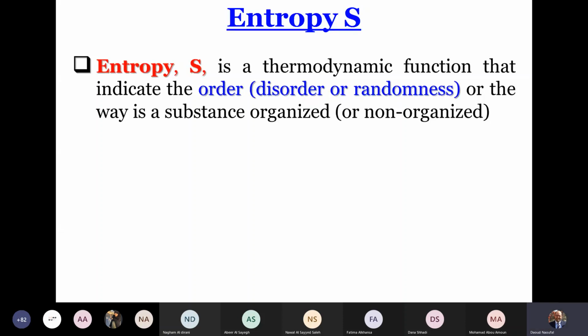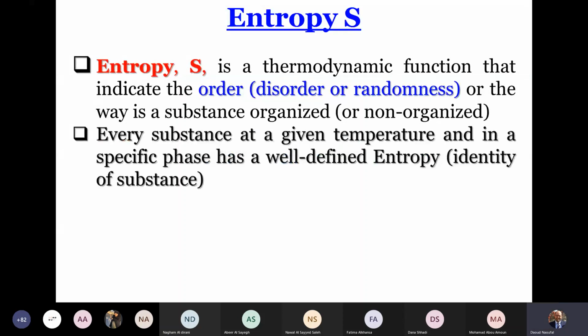I have a value of entropy S, and my colleague has another value of entropy S. We can compare the S of student 1 and S of student 2, and know which of the two students is more organized, more ordered. More organized means more ordered or less disordered.